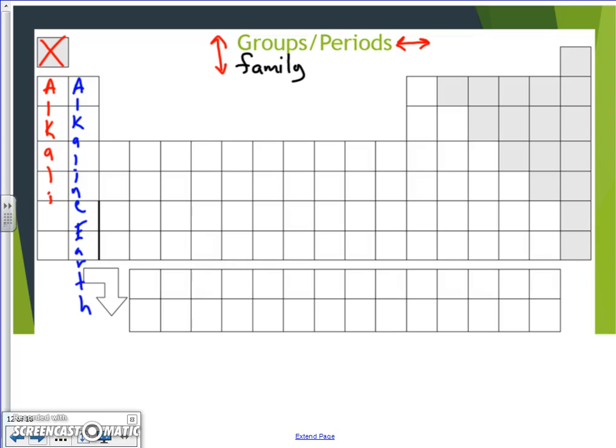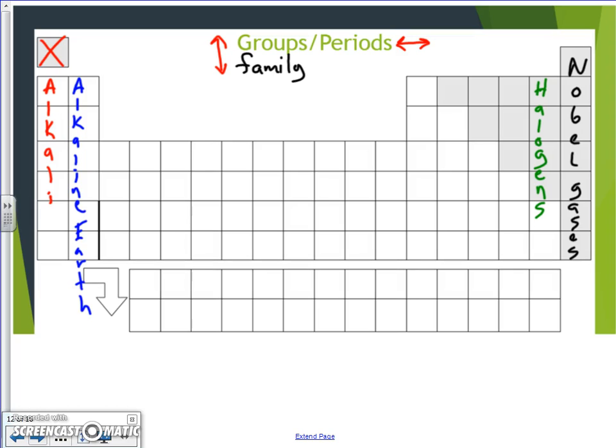Over here in the non-metals, we have the halogens. And our last column here, hopefully you've heard of these, the noble gases. So just a couple of names on our periodic table.